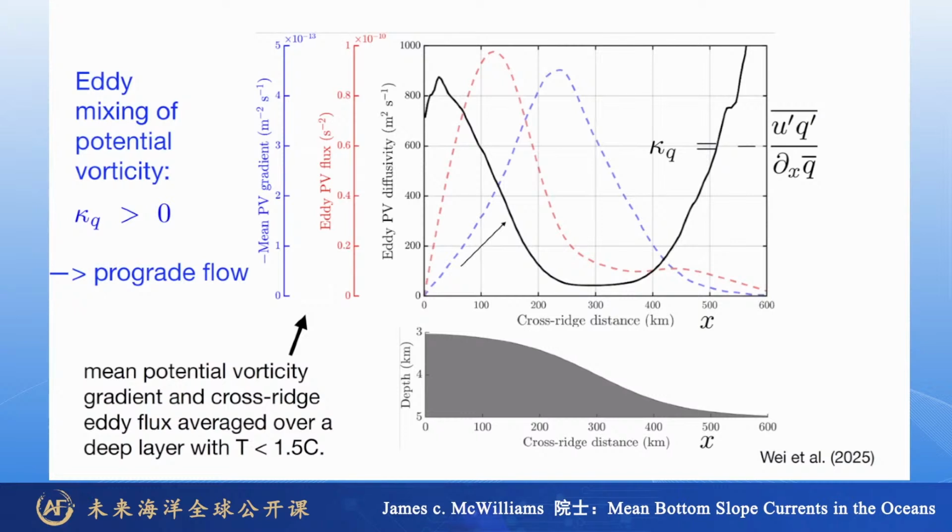This result, although it's shown for a particular solution with a particular set of parameters for stratification and topography and eddy forcing, is in fact a robust result of positive lower layer eddy potential vorticity diffusivity across many different solutions. This brings me to my summary.